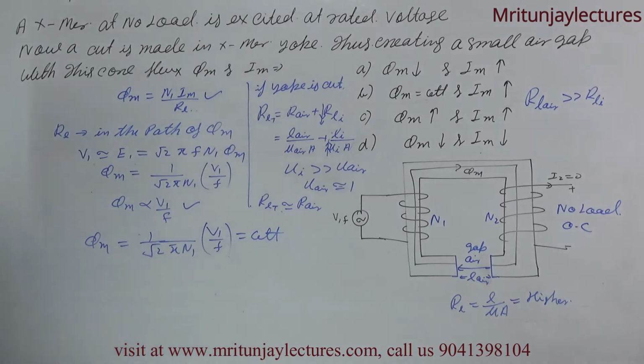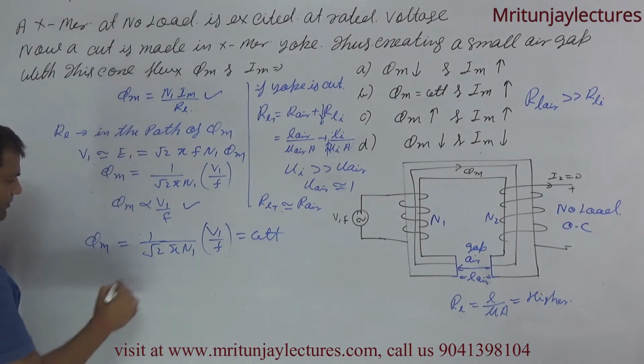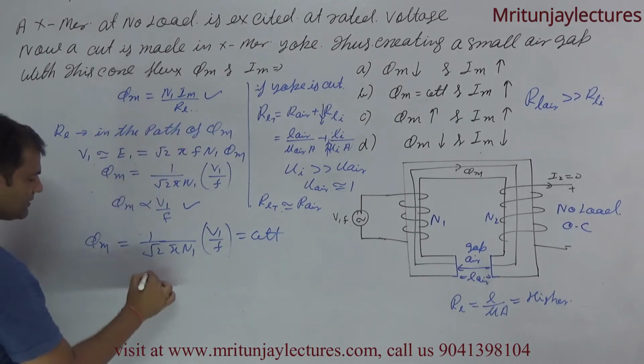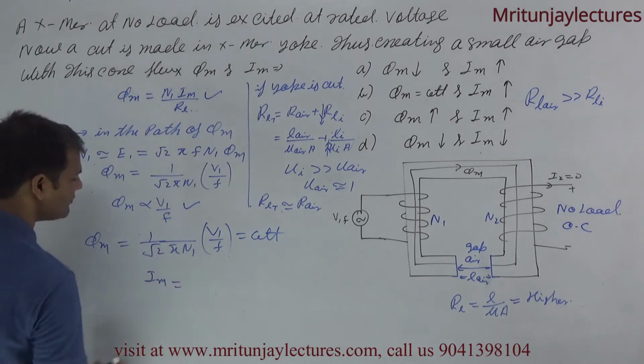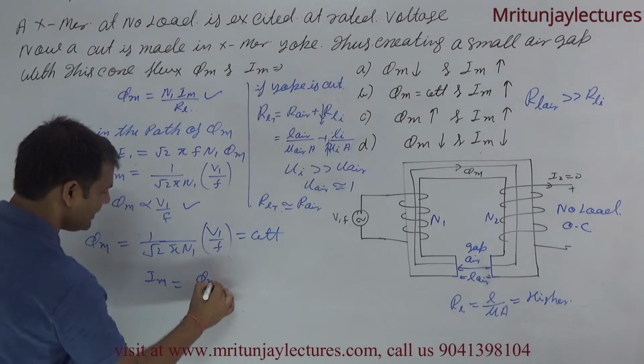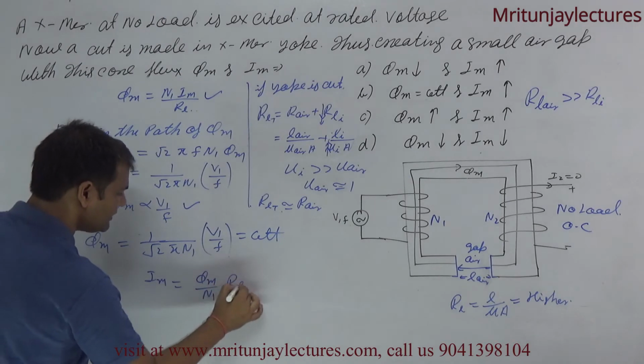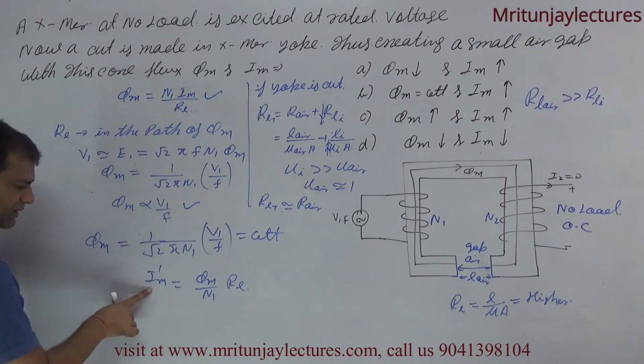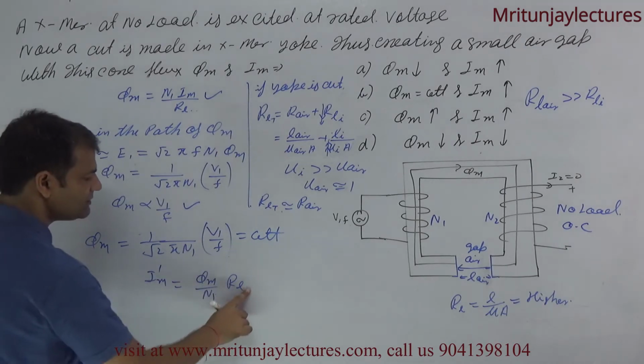So what about if phi m is constant? It is written as Im is equal to phi m divided by N1 into reluctance. After cutting the yoke, suppose the magnetizing current is like this one and this one.